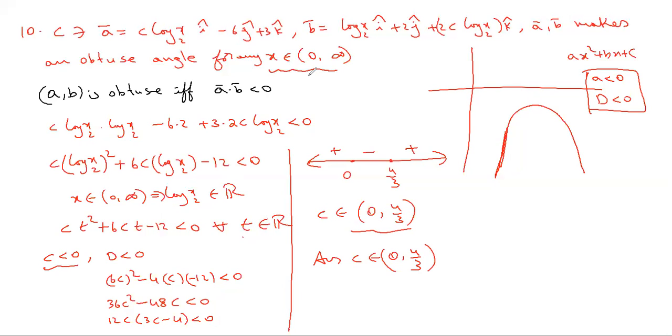What they're asking in the question is, for every value of x, when x takes positive values, log x base 2 takes all real values. So for all real values of t, this should be less than 0.